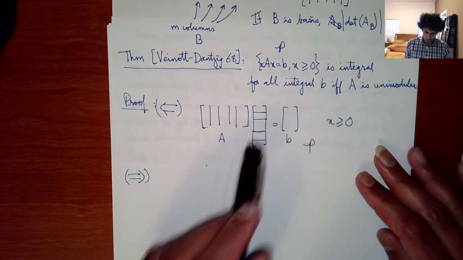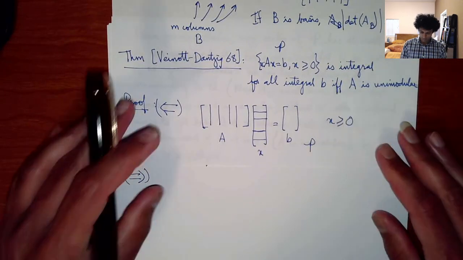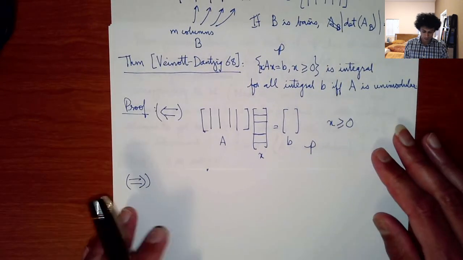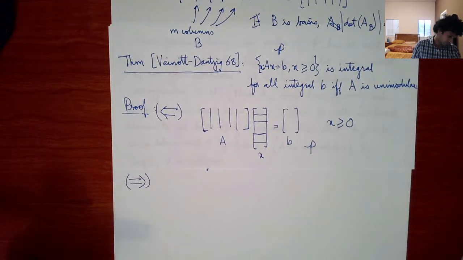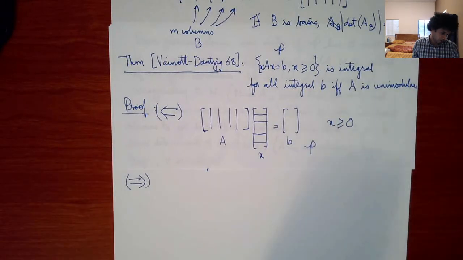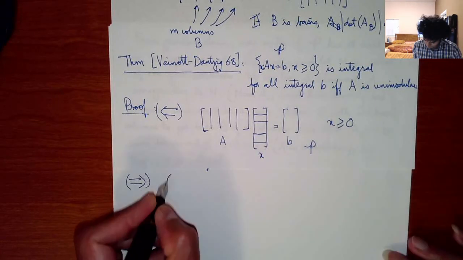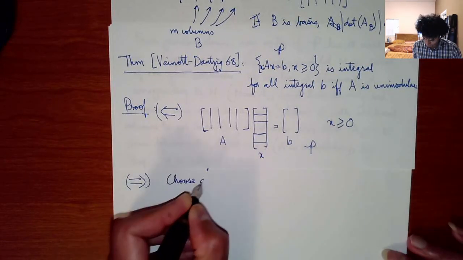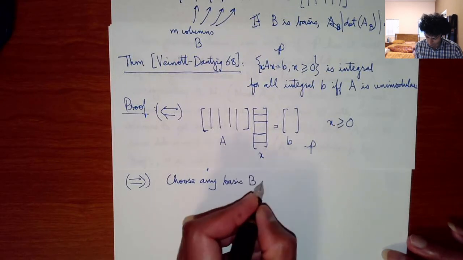So we have that Ax is equal to B is integral for all integral B, and I want to show that A is unimodular. So choose any basis B of columns.